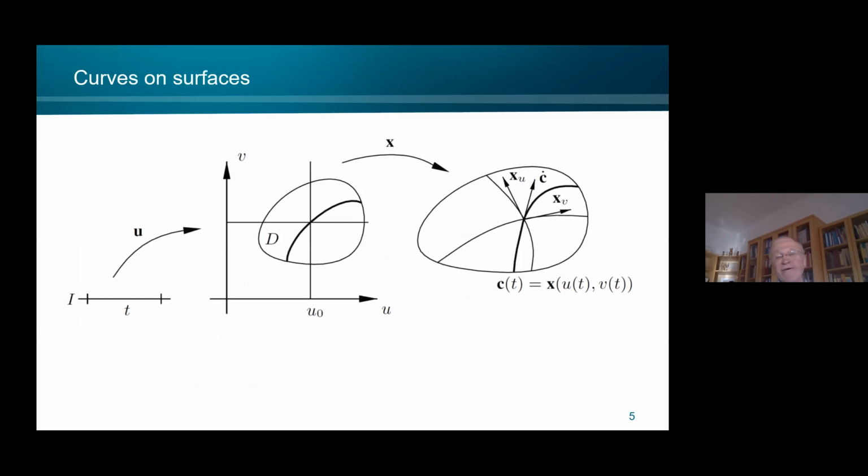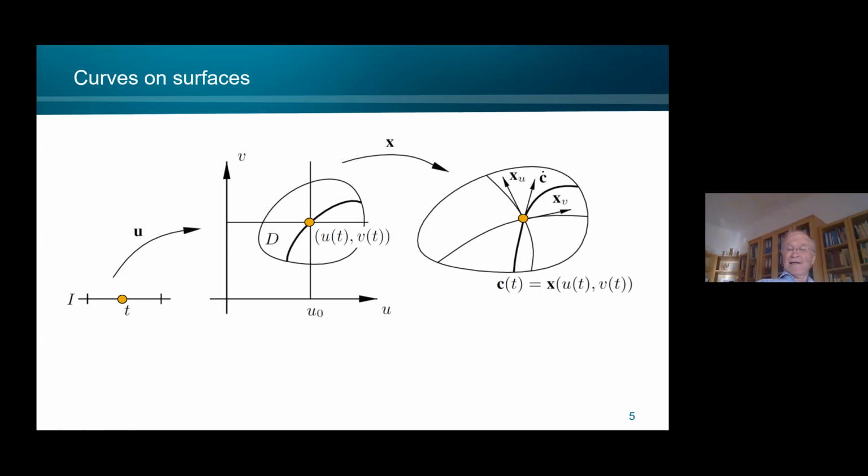Now, if we have a curve on a surface, we have to take a curve in the parameter domain, which may be parameterized over some interval I, and so we take a point t in this interval, map it first to the parameter plane, and then into 3D.